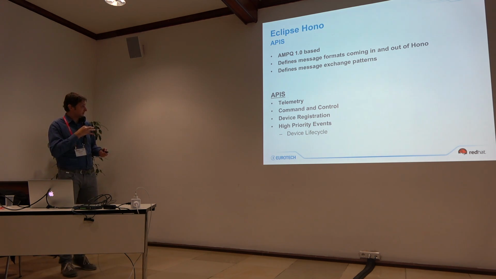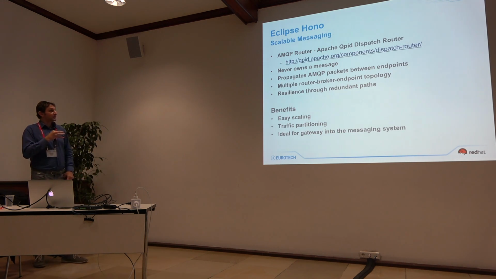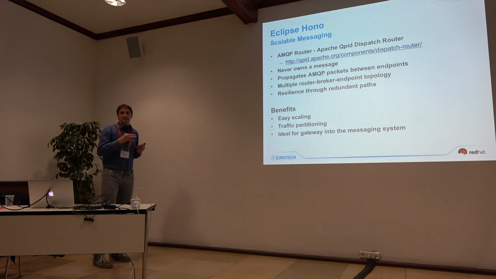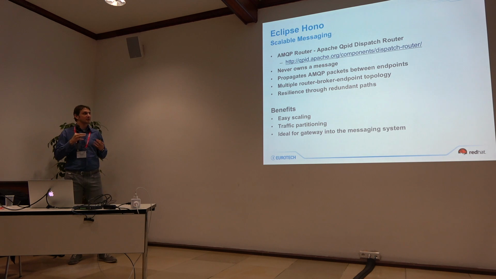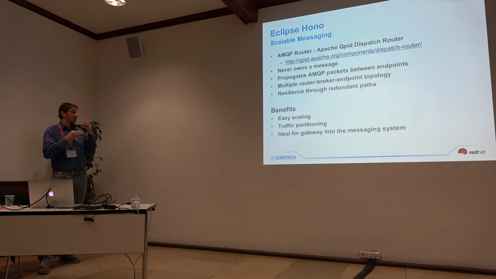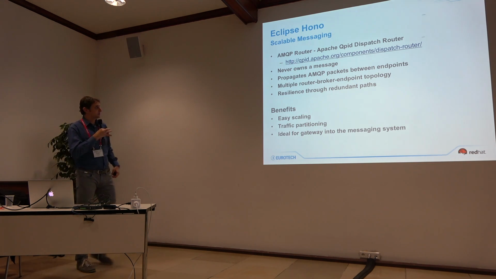usually use. So, as we said, an important part of all this is scalable messaging, and the fact that AMQP is a symmetrical protocol allows us to create a new kind of messaging component that we didn't have so far, called a message router. It's implemented as a part of the Apache Qpid project.